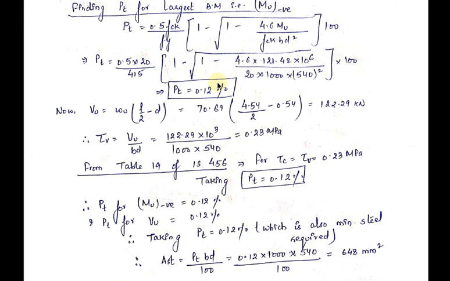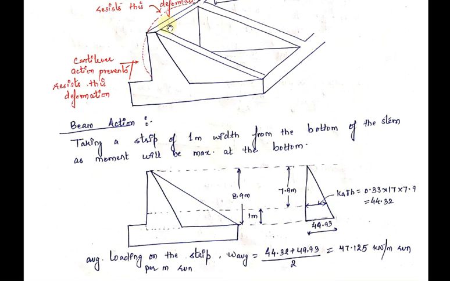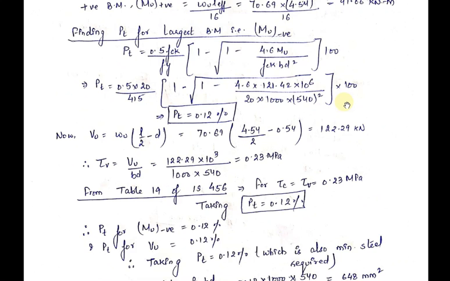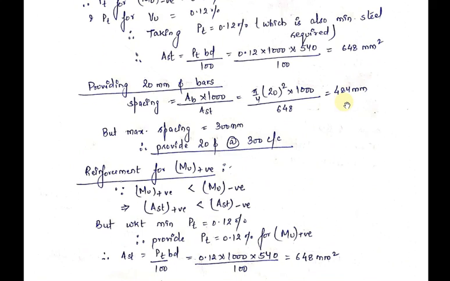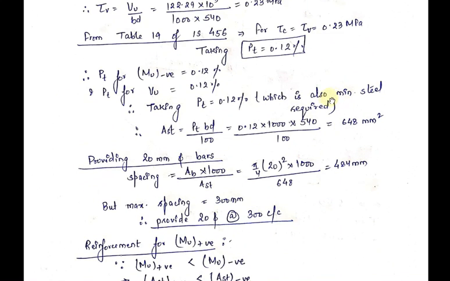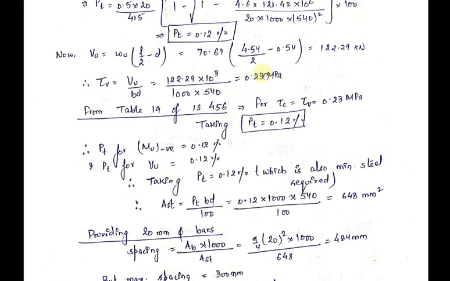Now, as we did in the design of the heel slab, Vu becomes W into (L by 2 minus d), because when compressive forces are present at the two ends of the beam, the critical section shifts through a distance of small d. We already did this in the design of the heel slab, so I will not discuss it again.